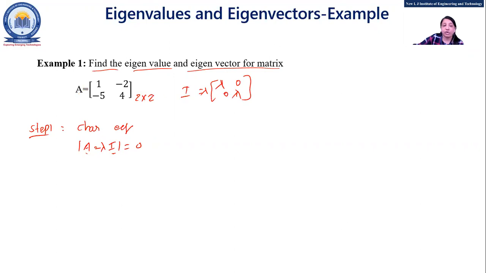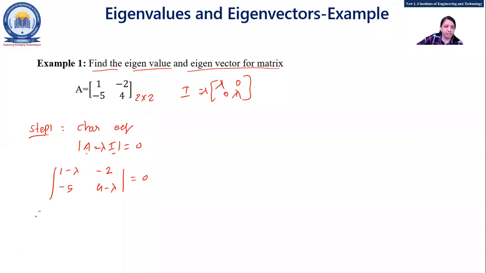Now the subtraction, because here we are using A minus lambda I. So it will be written as 1 minus lambda, here it's minus 2 as it is, then minus 5 and 4 minus lambda equal to 0.